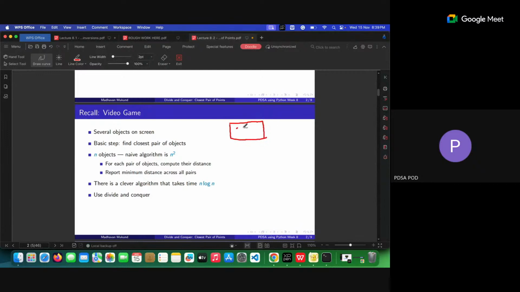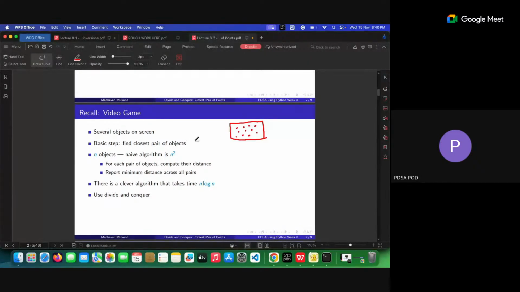There are a lot of gaming objects available. Of course, some of them are enemies and some are survivors, where we want to escape from the enemies. So we want to find the closest pair of objects, and based on the closest pair of objects, we take an action, whether the incoming one hurts it or not. Some kind of video functionality.